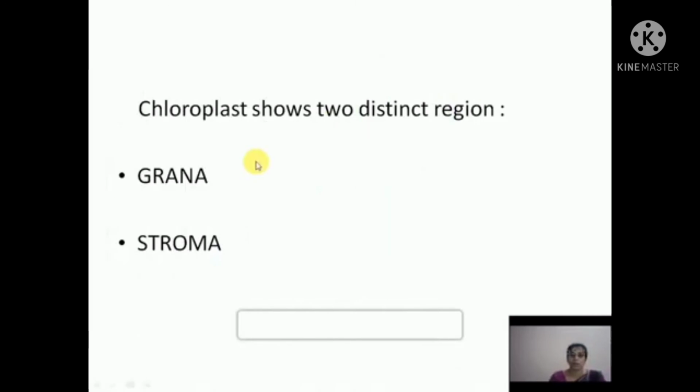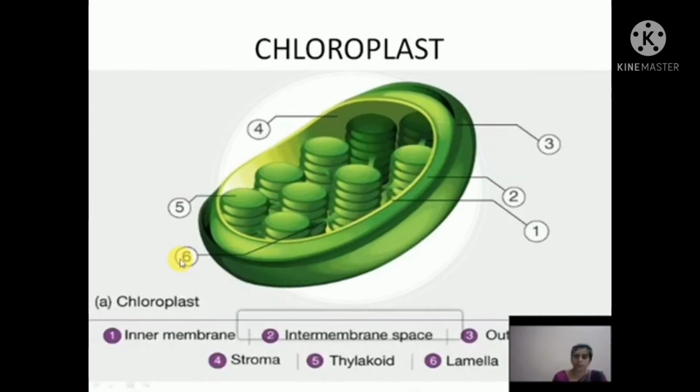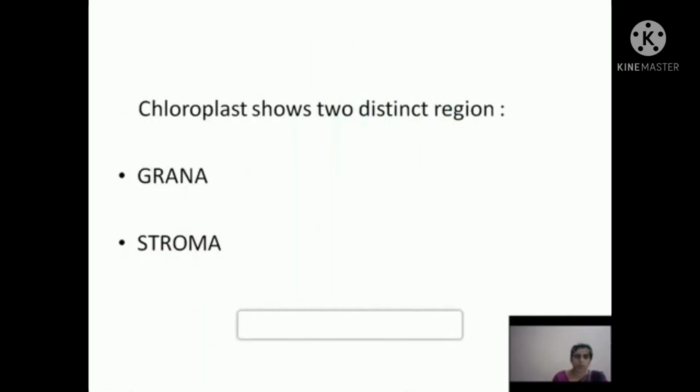See, so the chloroplast shows two distinct regions, that is grana and stroma. This grana is a flattened sac, a discoid sac, containing a molecule of chlorophyll. So this is known as what? Thylakoids. Clear? And the next is stroma.